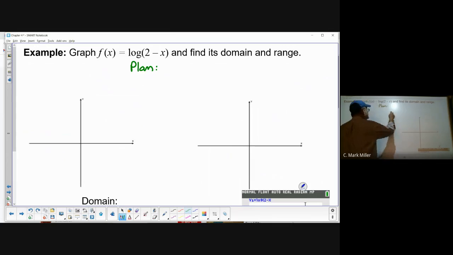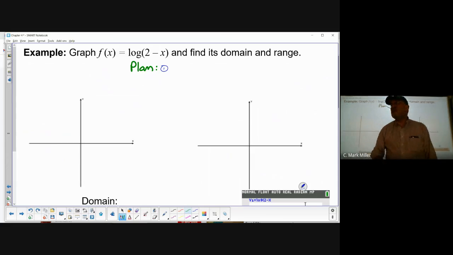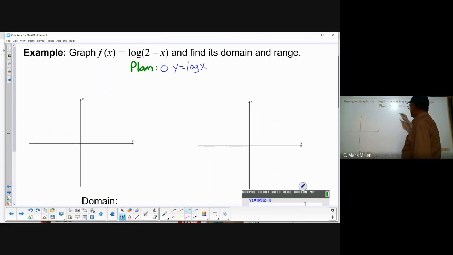Question. First step, you pick something from your library of functions. So in our library of functions now is y equals log of x. That is a function whose graph we know.